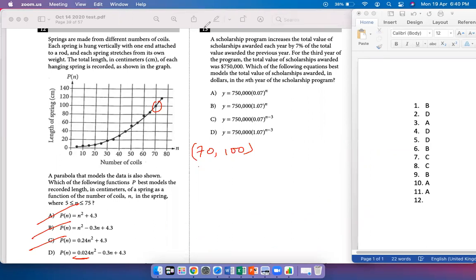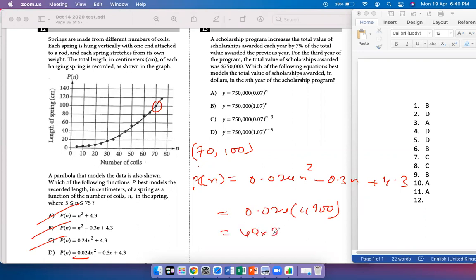Yeah, okay. So in D, I'm saying P of n is 0.024 n square minus 0.3 n plus 4.3. And that's 0.024 into 4900. So that comes to 49 into 2.4.